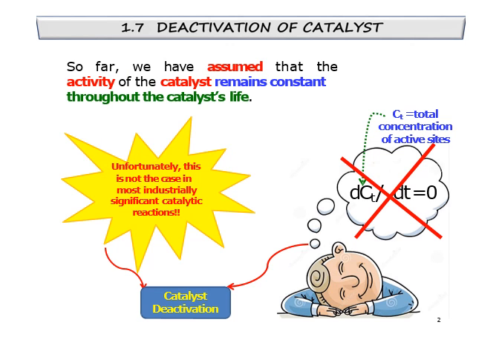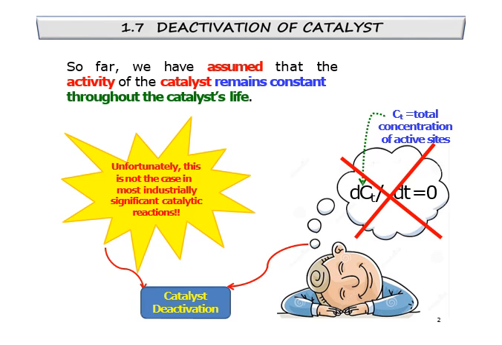So all this while, we assume that the activity of catalyst remains constant. Maybe in the previous CHE502, we never talked about the deactivation of catalyst. When we talk about the deactivation of catalyst, there must be some kind of calculation to be done.